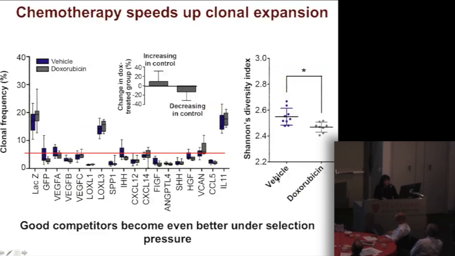And when we looked at the clonality, I'll just briefly summarize it. Basically, we saw that the good clonal competitors became even better, meaning they could relatively expand more, and the bad competitors became even worse. So basically suggesting that this chemotherapy would enhance the good competitors more.